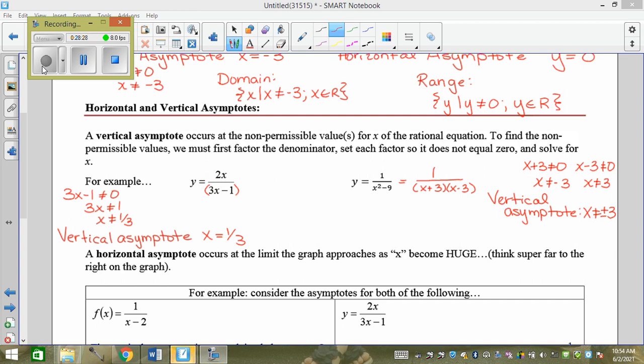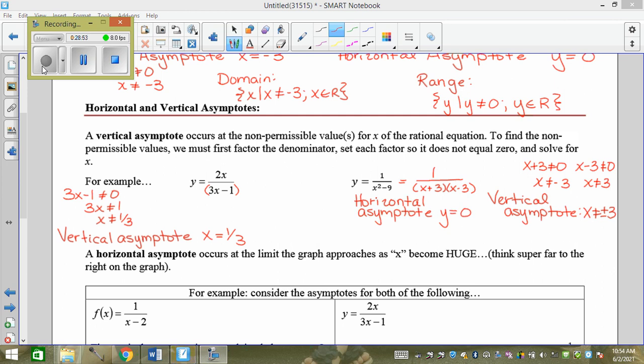That one, the horizontal asymptote's easy. The numerator is a number, the denominator has a variable in it, correct? So what's my horizontal asymptote for this one? Anyone remember? Yeah, y equals 0. So it needs to have the variable, right?